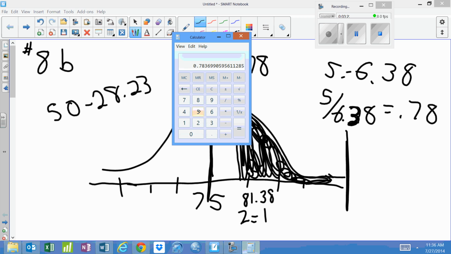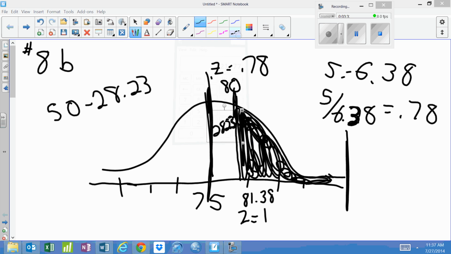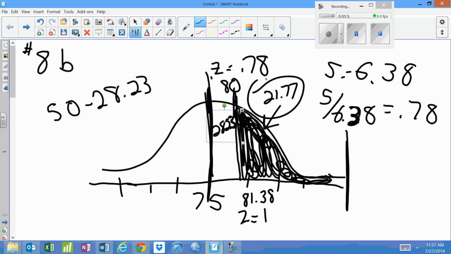We'll do that in our calculator here. 50 minus 28.23 gives us an area of 21.77. That 21.77 represents our area here. So 21.77% of our graph is greater than 80.